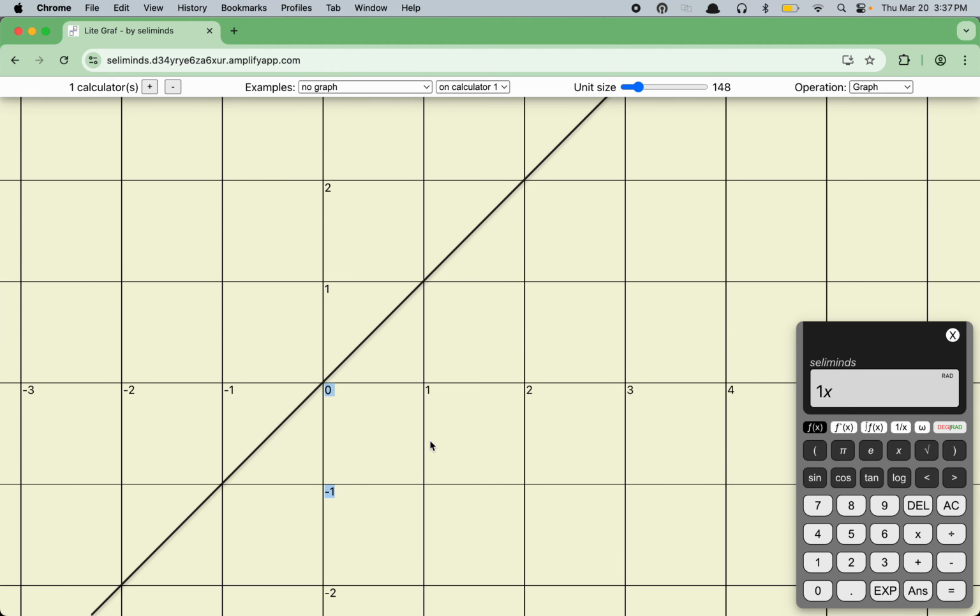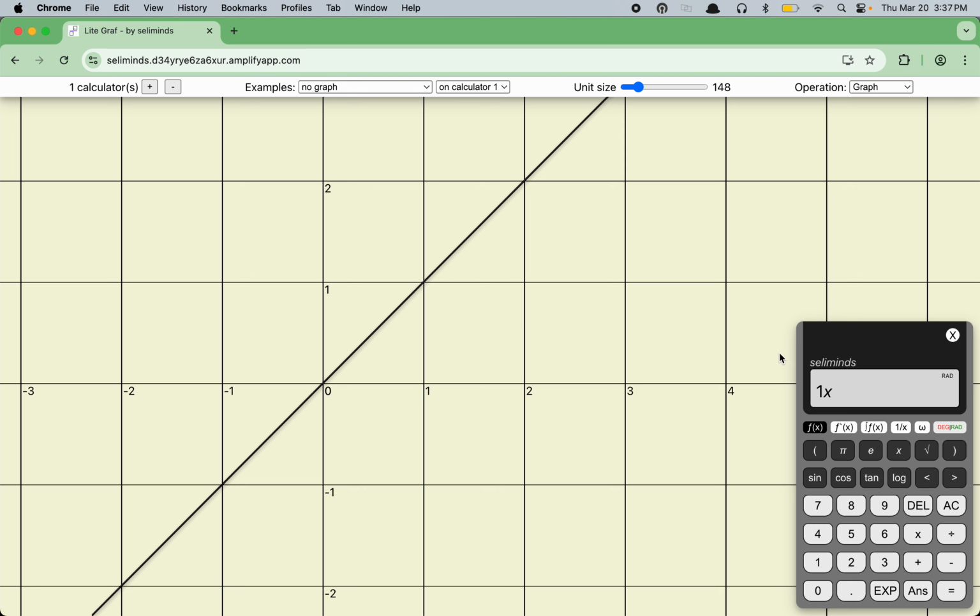In that case, as we have understood that the slope is the rise over the run, the rise here, from this point, is 1 minus 0, which is 1. And the run is also 1 minus 0. So 1 divided by 1 equals 1. So we can say that this is a 45-degree inclined line.